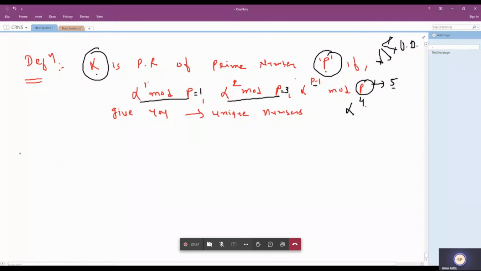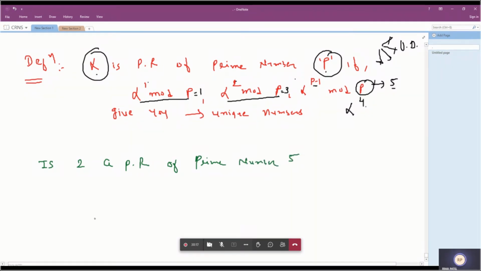So let me take one example. I need to check whether 2 is a primitive root of prime number 5 or not. So what I need to check: 2 raised to 1 mod 5 is equal to what? 2 raised to 2 mod 5, 2 raised to 3 mod 5, and 2 raised to 4 mod 5.